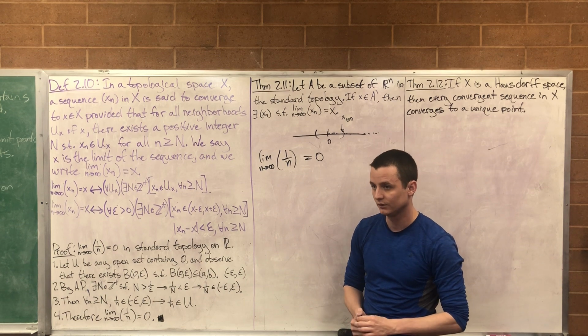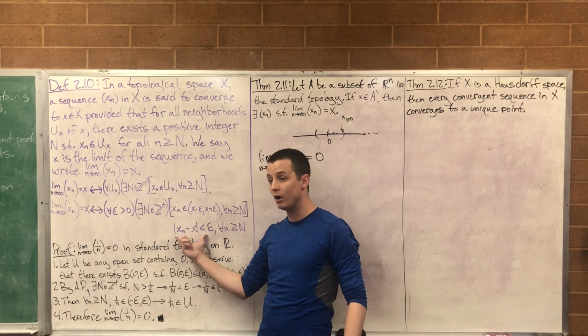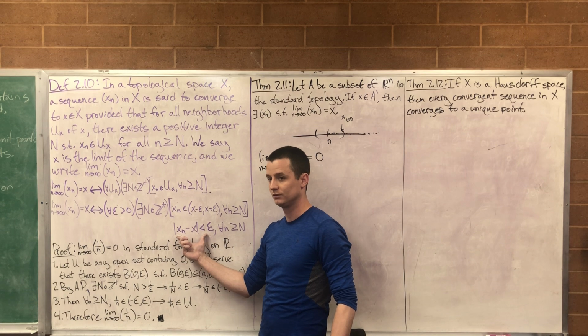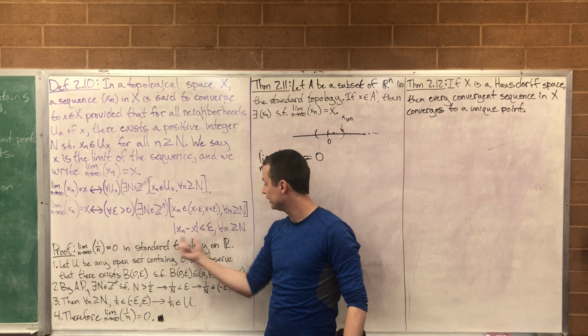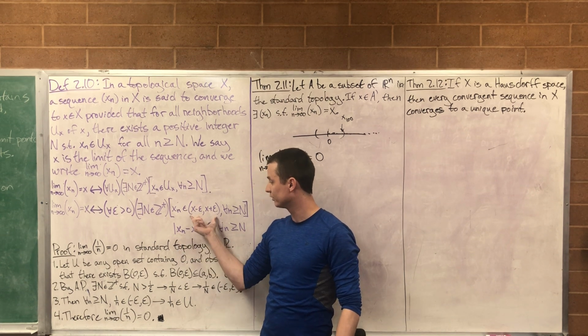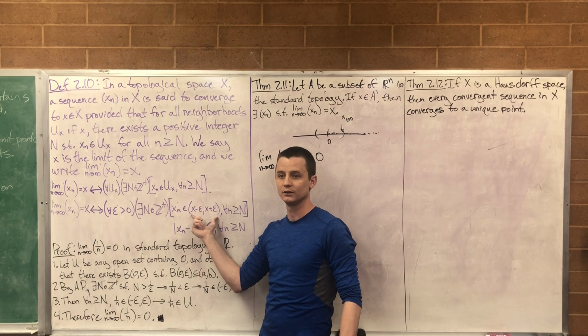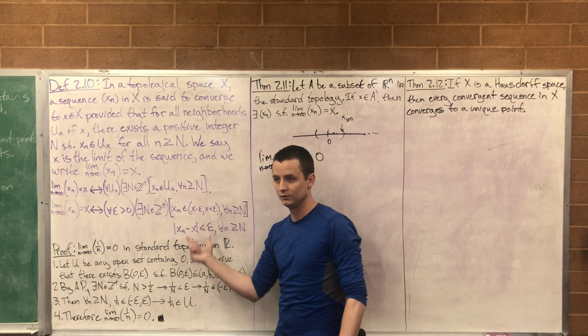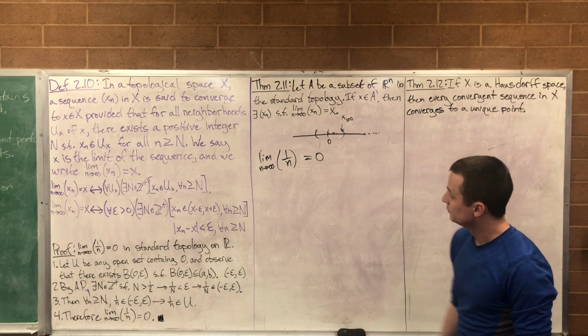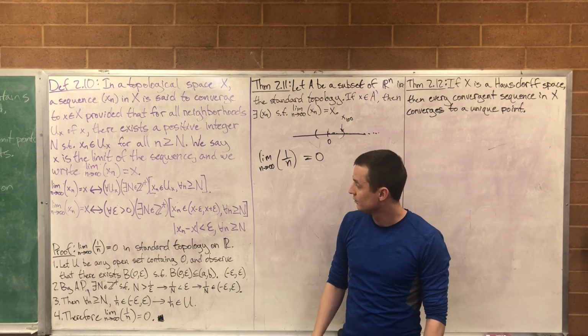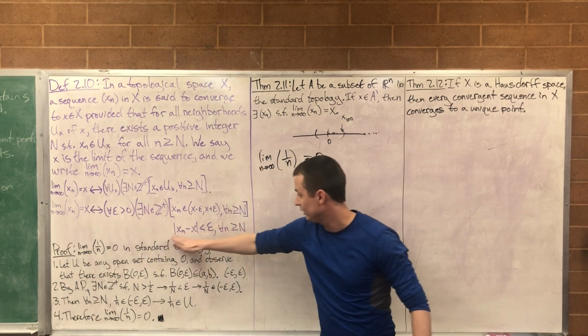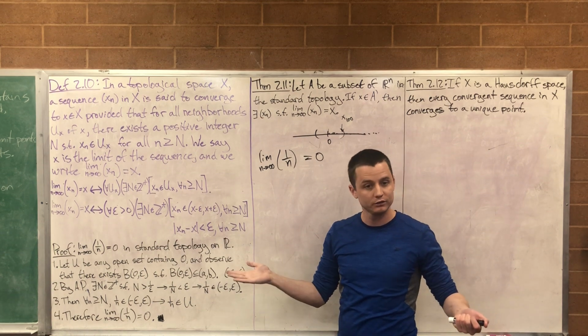Make sense? Because this is how we define the open ball around x: all the points whose distance is less than epsilon, and this is what an open ball in R looks like. Same thing. So that's exactly what you see. This is the exact definition you see when you take a calculus course.